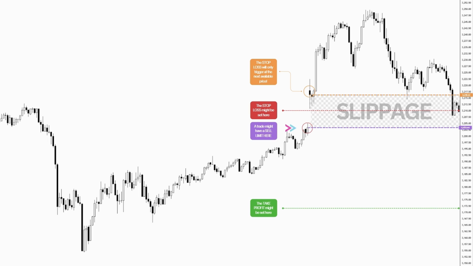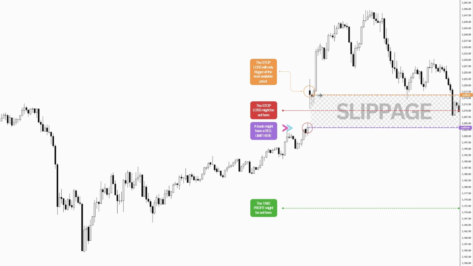But a stop loss does not guarantee you an exit price. Your trade will always be closed at the next available price. That means when the market opens on the Monday, after it gapped to the upside, your stop loss will now be filled at 32.16, which was the next available price when the markets opened. That is more than double your expected risk, which means instead of losing the $10 you expected, you ended up losing $20 on that trade.